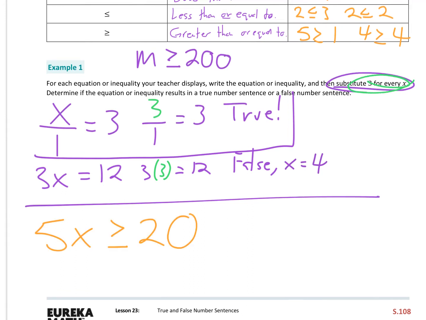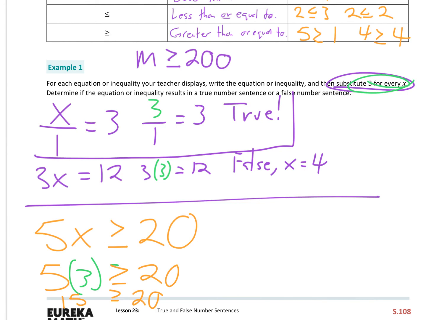And a final example could be 5x is greater than or equal to 20. And so if I put in 3 for this, this would be 15 is greater than or equal to 20. And is 15 greater than or equal to 20?